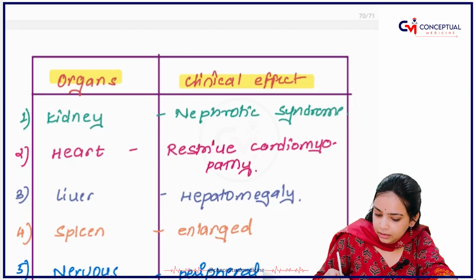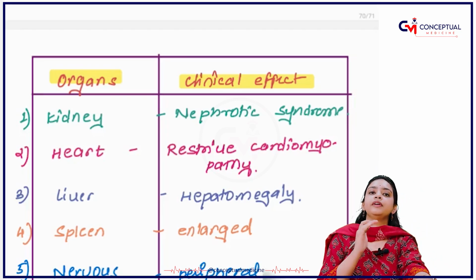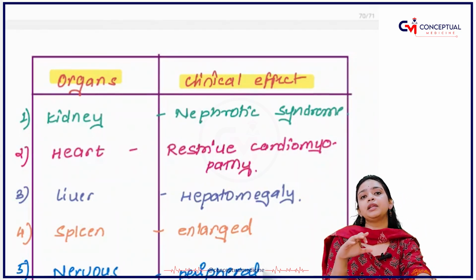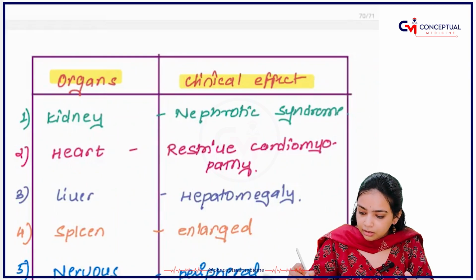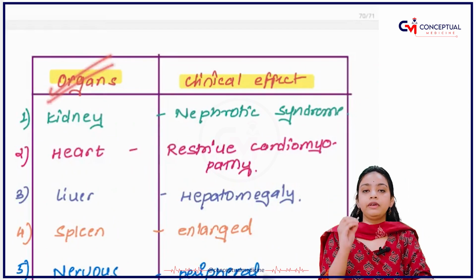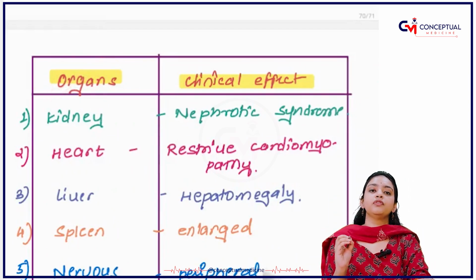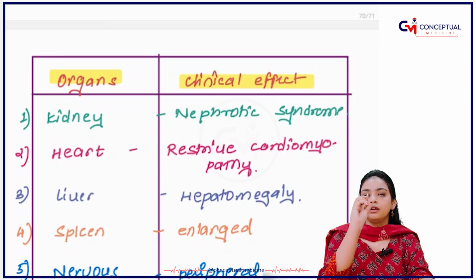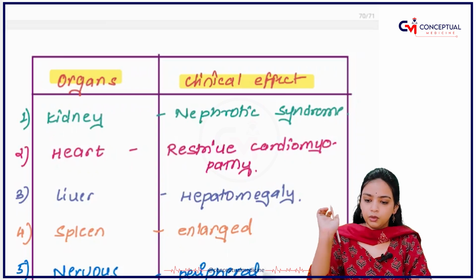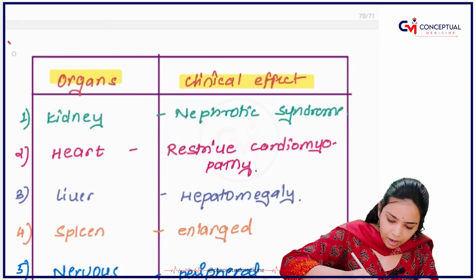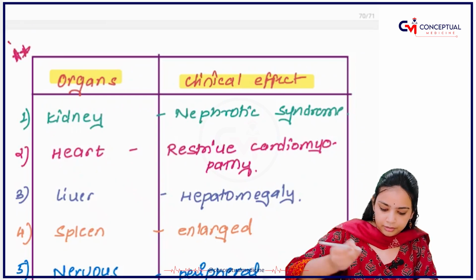So these are basically the organs and the clinical effect that they have when there are amyloid deposits in that organ. So you need to understand this table very well, because it will be very essential for you at the end, when only 1 or 2 days are left for the university exam. This table you need to remember. I am just marking it with a star.